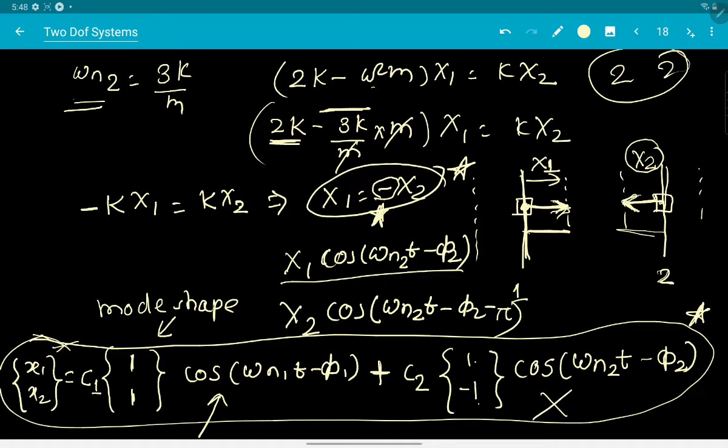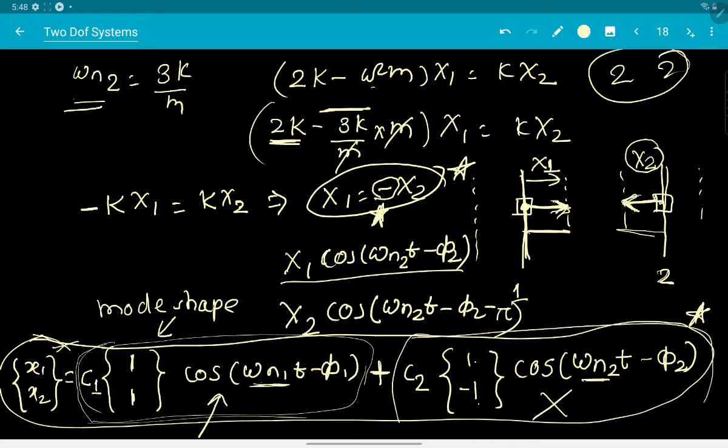Which essentially means that you are going to get the first mode solution only, where the frequency of vibration is omega n1. Here the frequency is different. This other part is vibrating with a different circular frequency, which is omega n2.